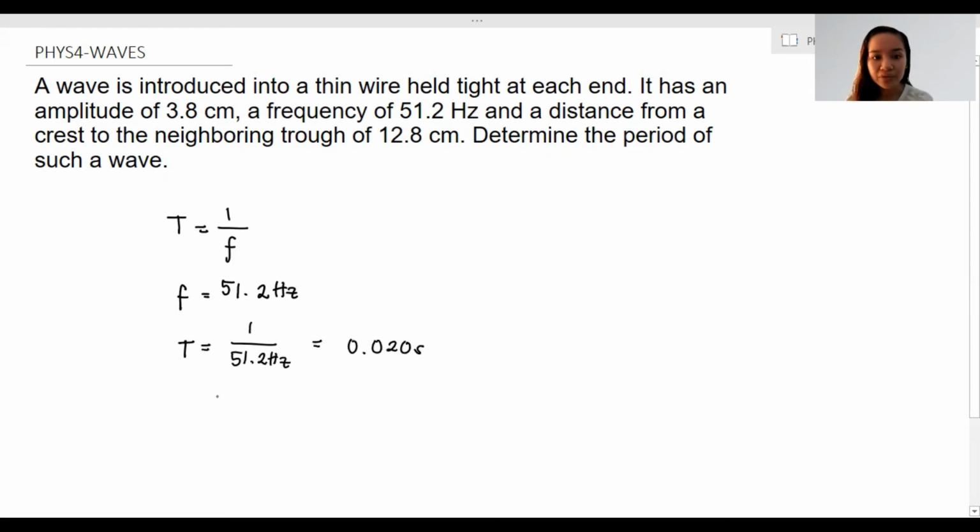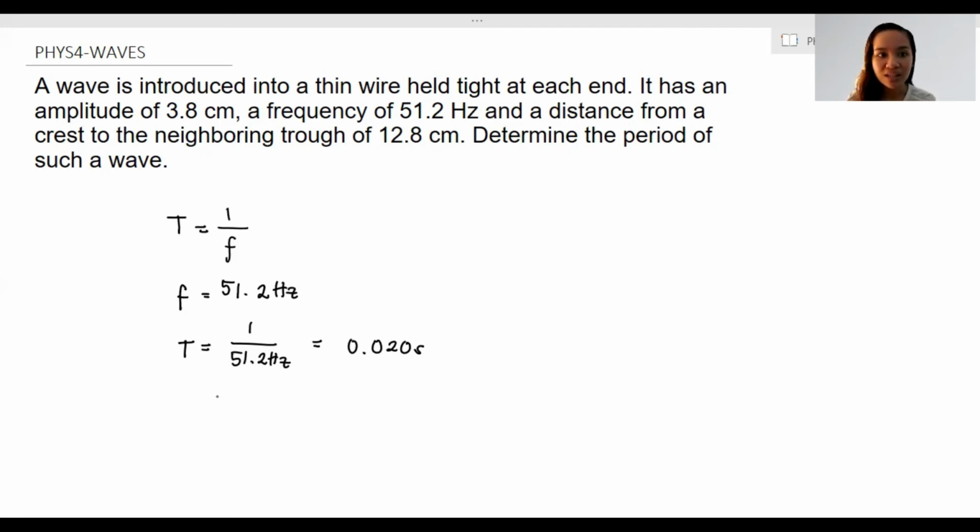Now you can observe that this problem has a lot of given values, but we only need the frequency to solve this problem. So you will sometimes encounter word problems in physics or even in math that have a lot of givens, but we only need some of them or even just one of them.